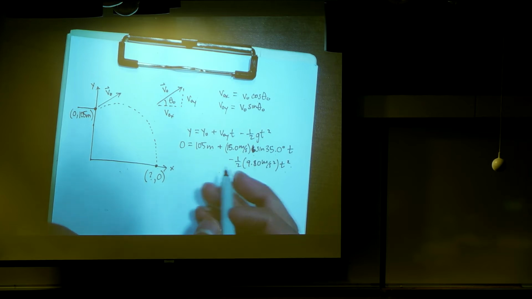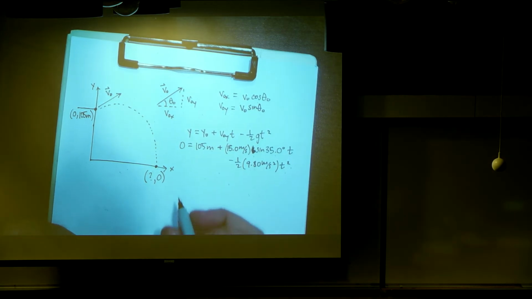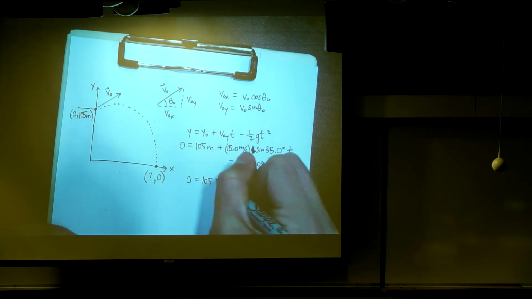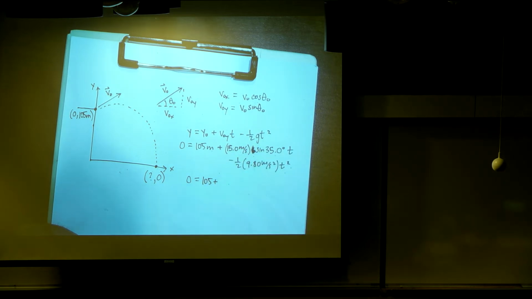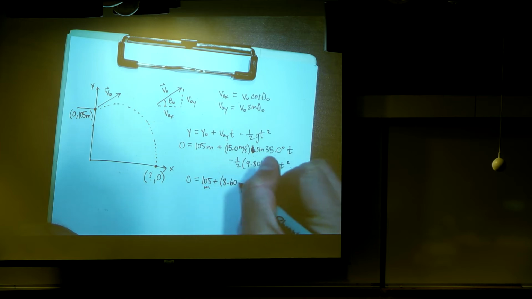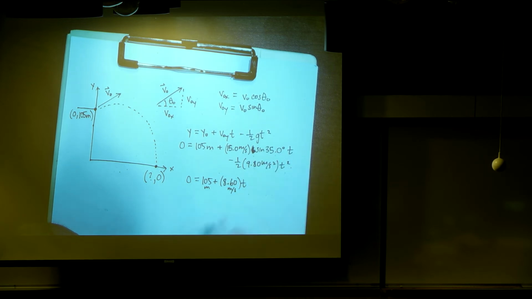So in a more compact way, I can write this as 0 equals 105 plus 15 sine 35 works out to 8.60. I should say this is in meters per second, by the way, times t. And then plus half of 9.8 with a negative sign is minus 4.9. And that's in meters per second squared.